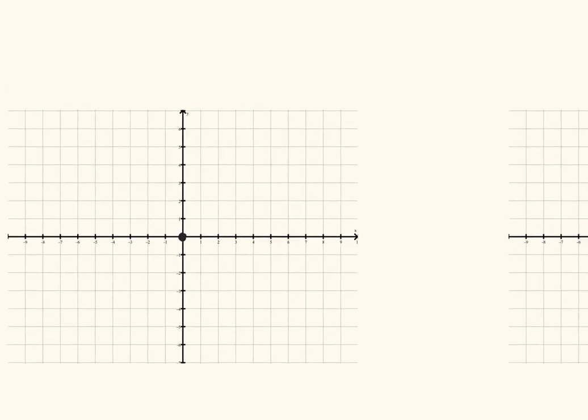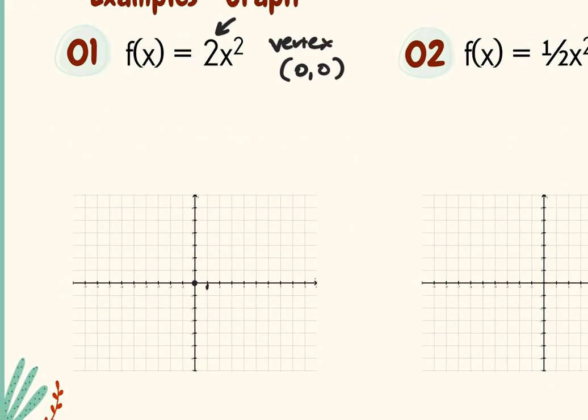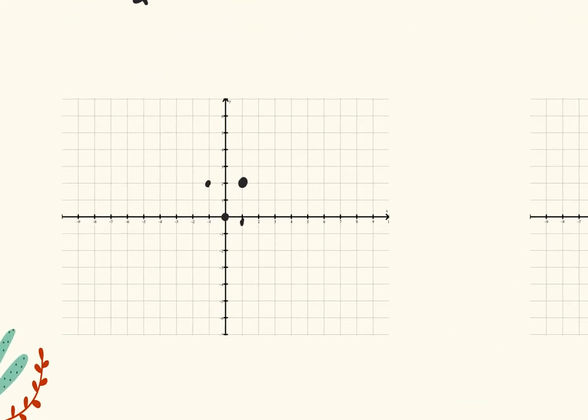And then I would plug in points. So if I plug in 1, I would get 2 times 1 squared, which is 2 times 1, which is 2. And that gives me my vertical stretch. So now we have to be exact. And every parabola is symmetric. So if I went up 2 and to the right 1, I can go up 2 and to the left 1.